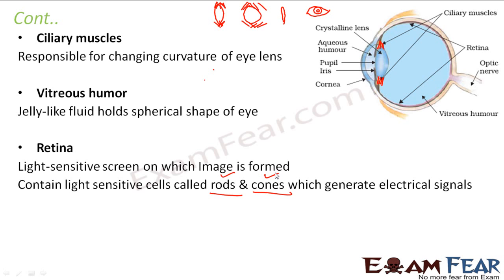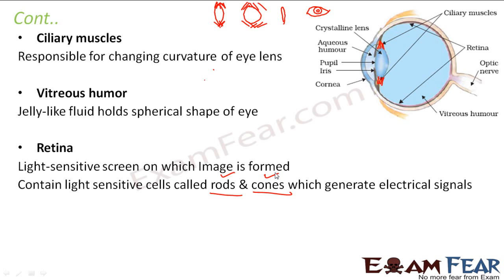When light is received on the retina, they generate some electrical signals. That means the light energy gets converted into electrical energy. So these rods and cones are nothing but receptors. They are receptors of light, and they generate electrical signals. And the retina acts as a screen where the image is formed.